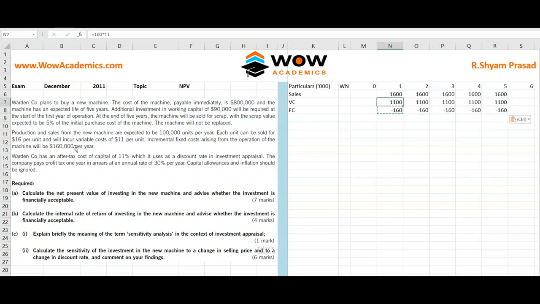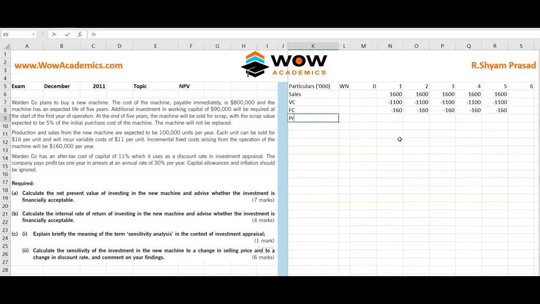For variable cost, as it is a cost, we will convert that number into a negative number. So 100 into minus 11, so that it comes to a negative 1100. We'll copy that and paste across. So we got all these numbers.